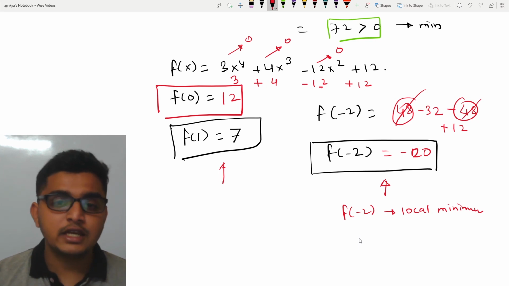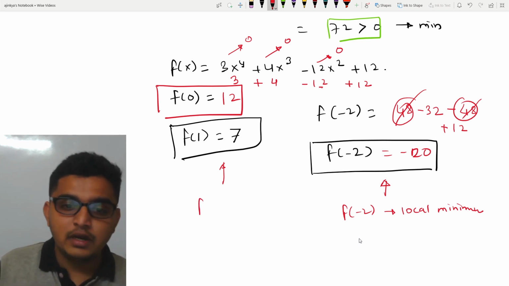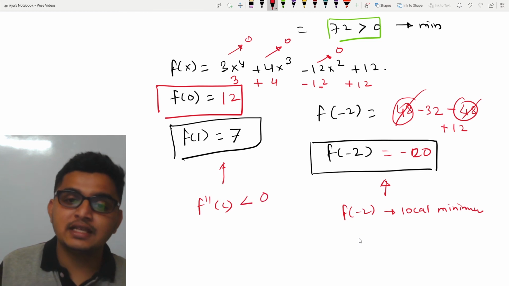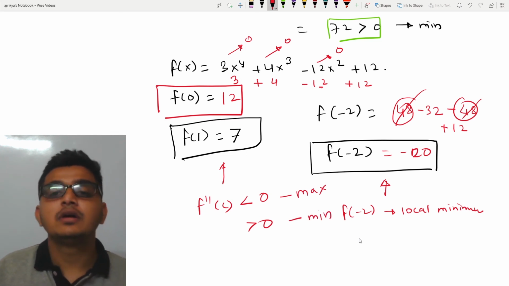If we need to find out the exact value of that minimum and maximum for that particular function, we need to find f double dash of c, and we need to check if it is less than 0 or greater than 0. In case of less than 0, this is going to be the maximum value. In case of greater than 0, it is going to be the minimum value.